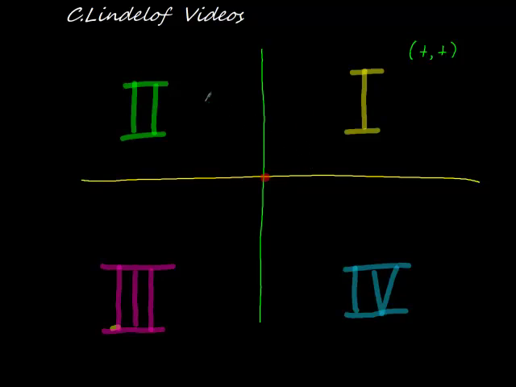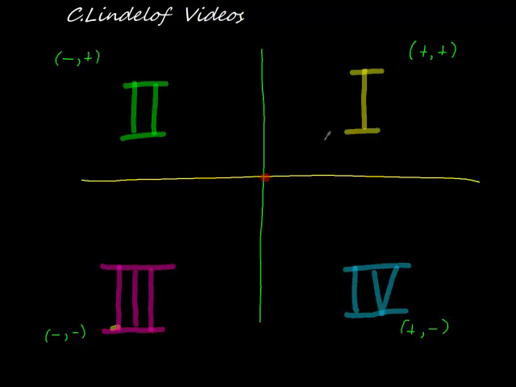If you go to the second quadrant here, all the x values are negative, and the y values are positive. So this is called the negative positive quadrant, or sometimes called the opposite same quadrant. Here we have the negative negative quadrant, and I'm sure you can see this is going to be the positive negative quadrant. So these are the descriptors of these quadrants.